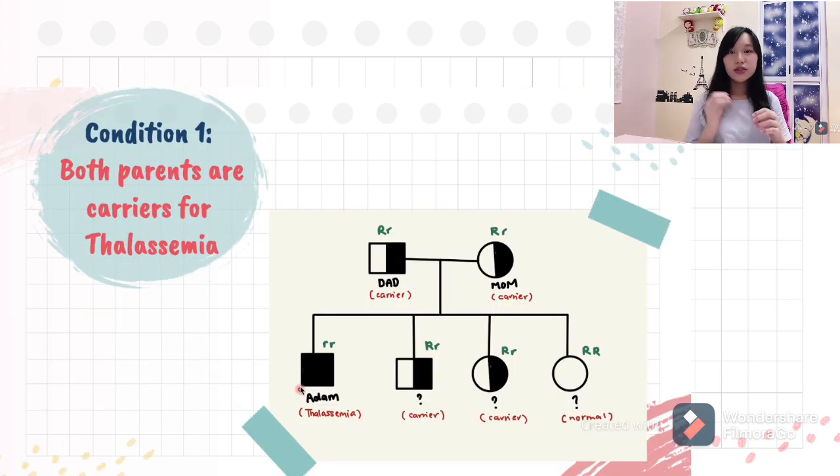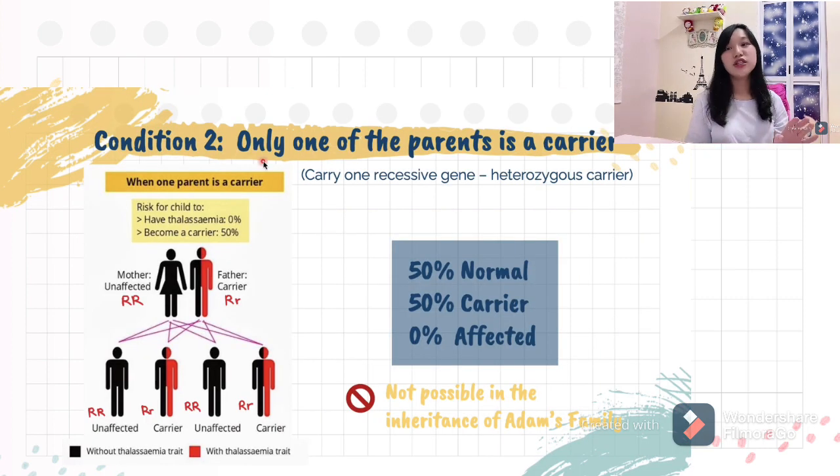So next, this is the pedigree for the first condition where both of Adam's parents are carriers for thalassemia. We can see that 1 in 4 children have thalassemia, 1 of the 4 children is normal, and half of the children are carriers in this condition. And next, the second possible condition is when 1 of the parents is a carrier while the other is a normal individual.